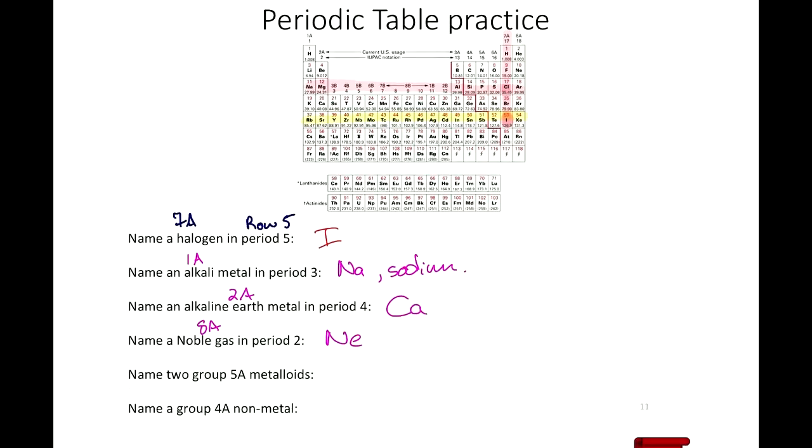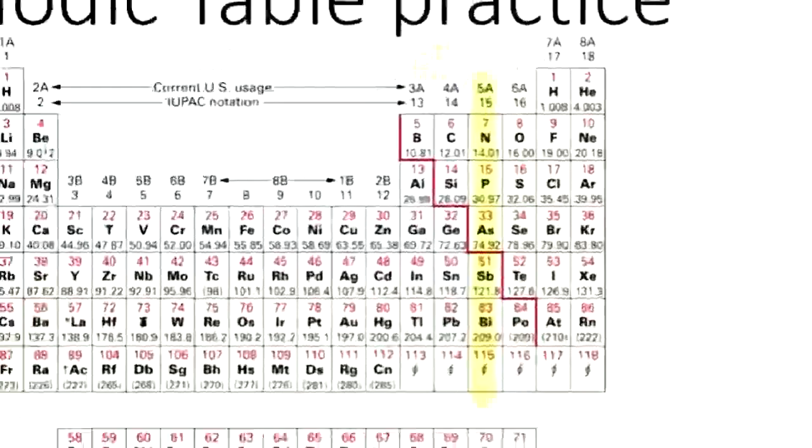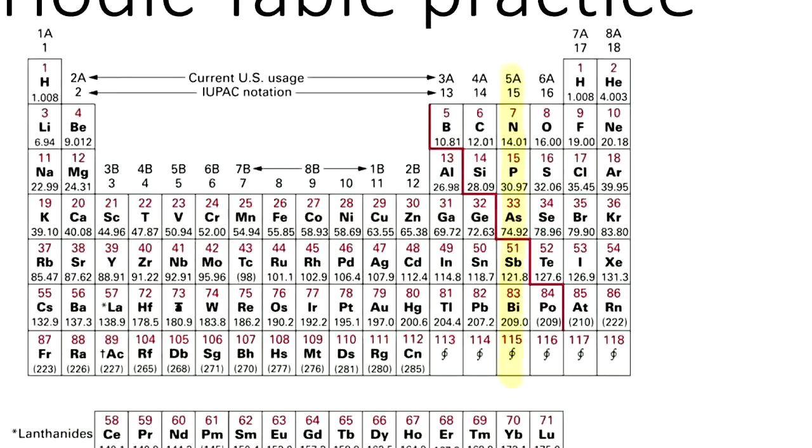All right, so now we're gonna get a little bit different. Let's name a 5A metalloid. So I'm just straight up telling you 5A. So one of these elements here, all right, in 5A. But which ones are metalloids? Yeah, so it's the ones that are touching the staircase.